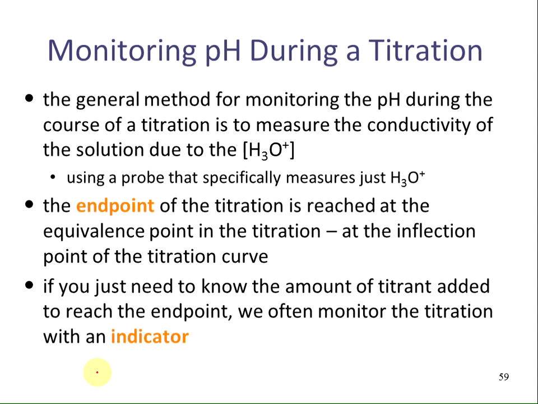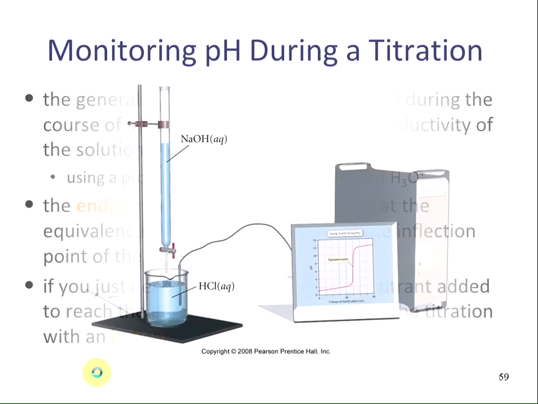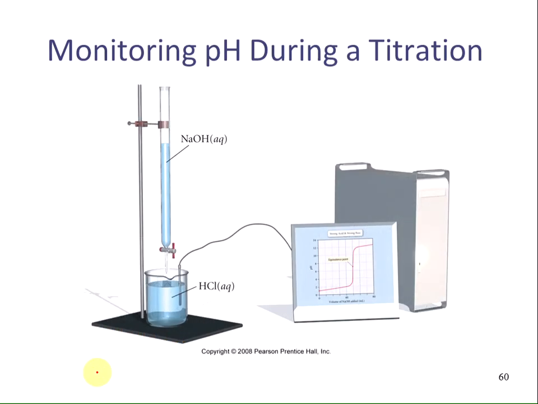Now during the titration, the end point of the titration is reached at the equivalence point in the titration. And remember that equivalence point is that inflection point of the titration curve. If you just need to know the amount of titrant added to reach the end point, we often monitor the titration with an indicator. So this is just showing you a setup where we have a solution that we're titrating with sodium hydroxide, and there's a pH probe in the solution, and it's connected to a computer that plots the volume with the pH.